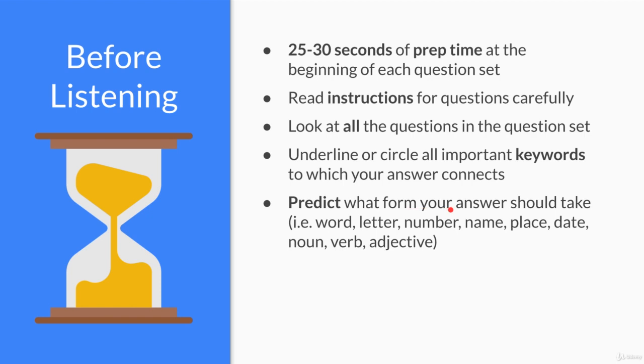For example, by looking at the words that are directly relating to the question, you can determine if the answer is going to be a word or a letter or a number, a name, place, or date, and also its classification. Will it be a noun, a verb, or an adjective? You can determine these things by paying close attention to the question. Again, you'll be seeing examples of this very soon as well.